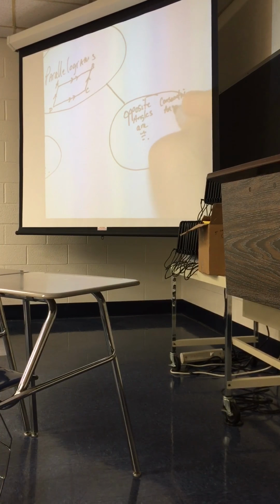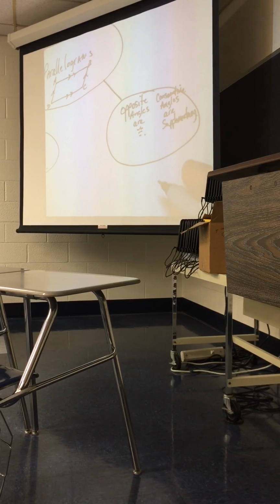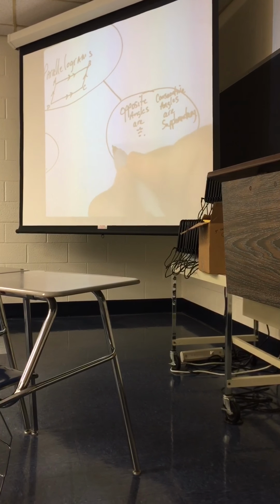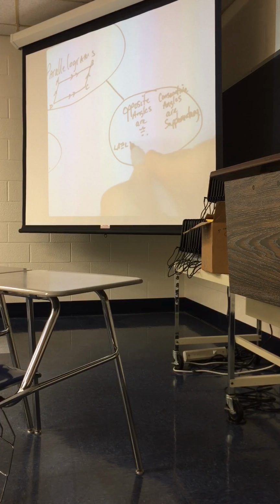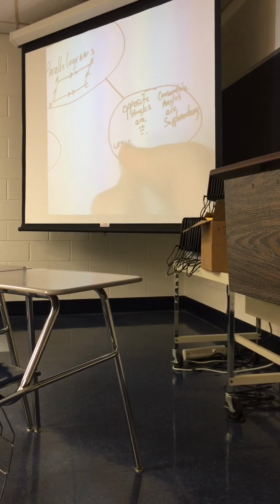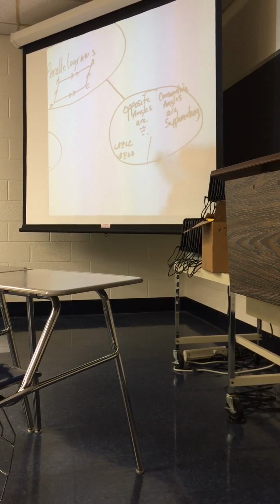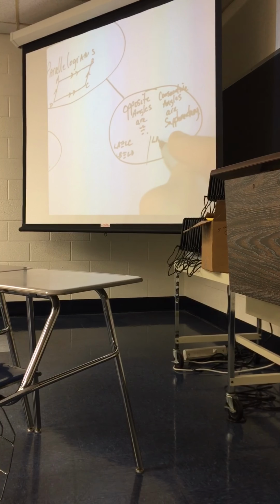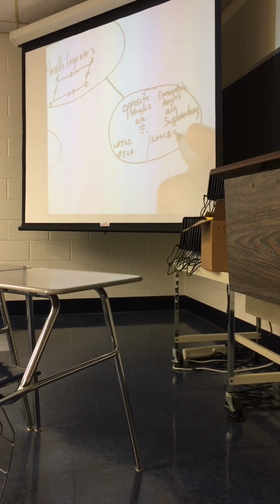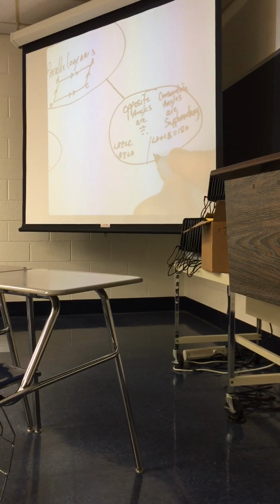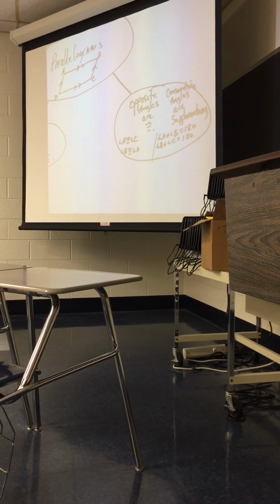So opposite angles are congruent, consecutive angles are supplementary, which means this, that angle A is congruent to angle C, angle B is congruent to angle D, and angle A plus angle B equals 180, angle B plus angle C equals 180, and I could keep going, but I don't need to write it anymore. Consecutive angles are supplementary. These are all the characteristics so far.